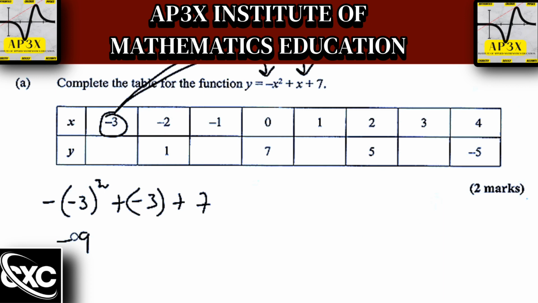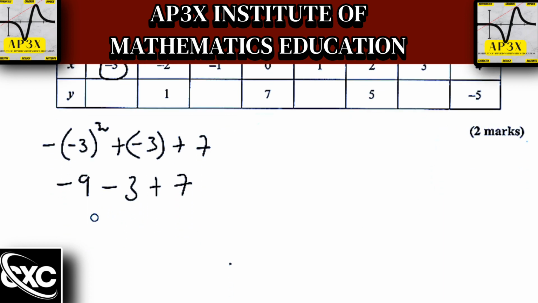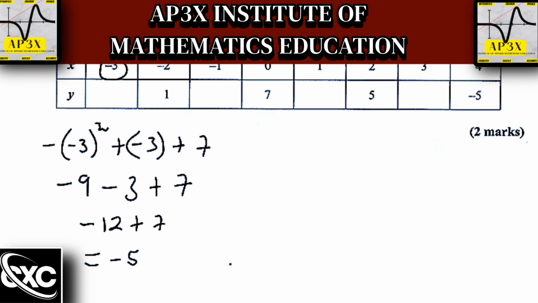Many of you would have already made the mistake by writing down 9 here. So remember, square first, distribute second. And of course plus times minus is minus, so that's minus 3 plus 7. Then you end up with minus 12 plus 7, which is equal to minus 5. Okay, so that goes here.